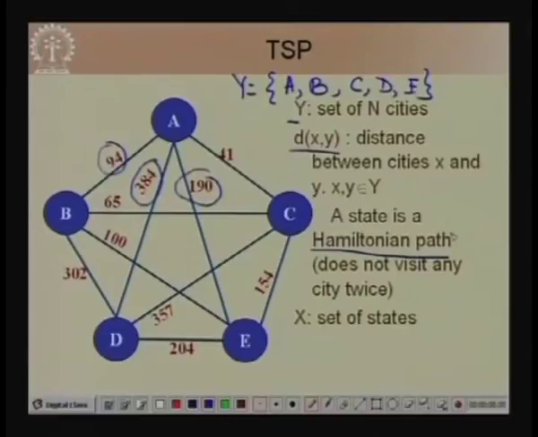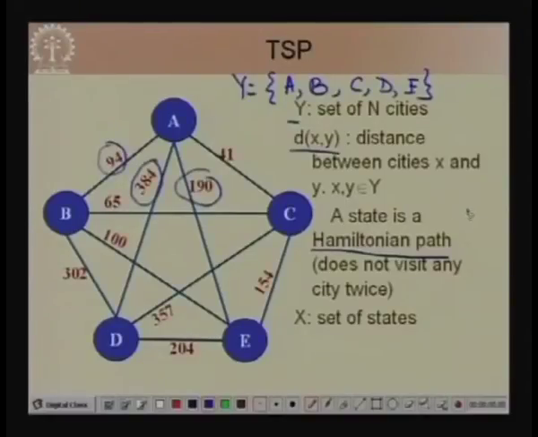So, a state for our state space representation will be a Hamiltonian path in this graph. A Hamiltonian path is a path which does not visit any city twice. Now, for our representation, x will be the set of states in our state space representation. Each state is a Hamiltonian path of this TSP graph.